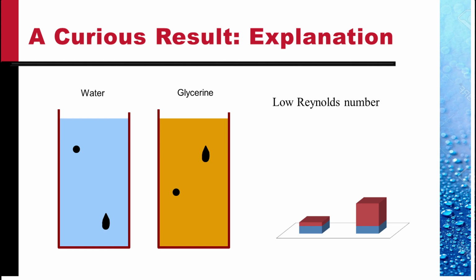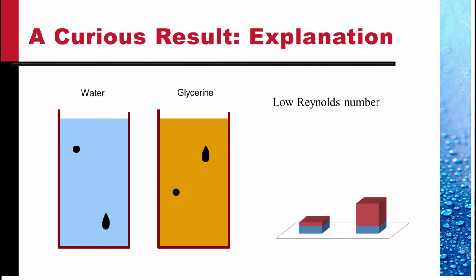But when we do the same in the glycerine, here too the wet weights of the bodies are equal, the frontal areas are equal, and we see that in this case, when we release the two bodies, it is the bluff body that reaches the bottom earlier than the bomb-shaped or the streamlined body.